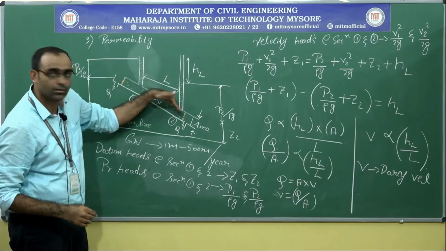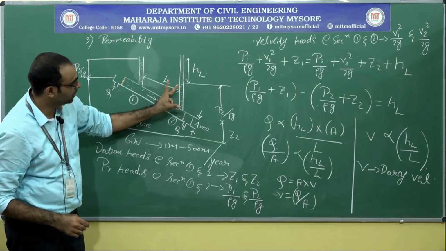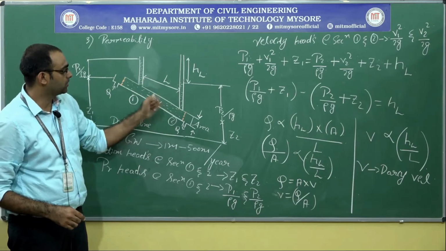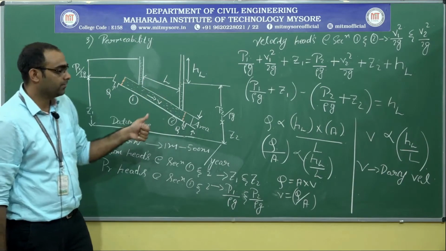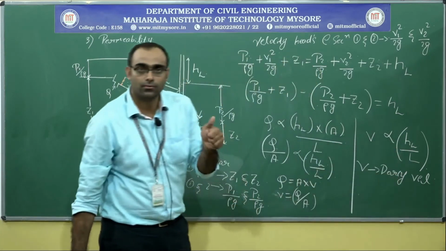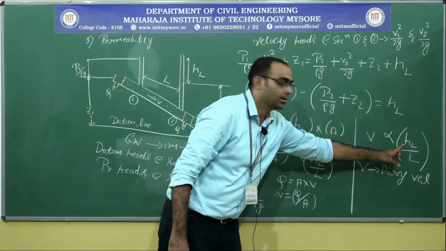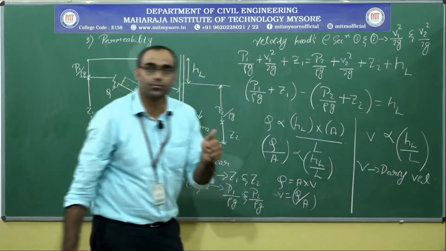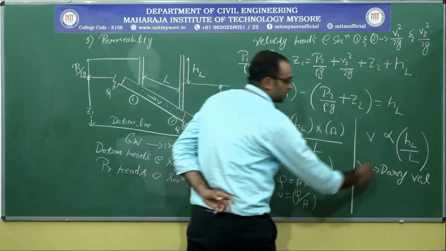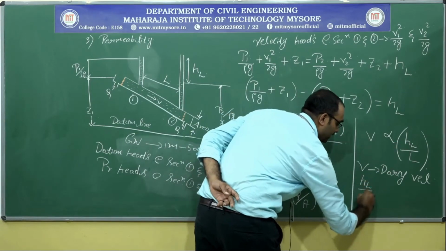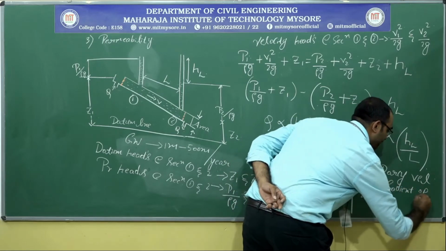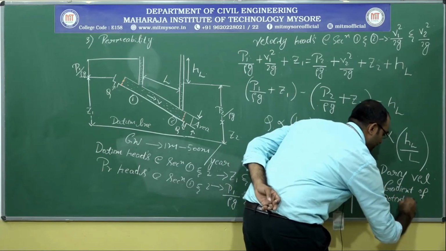As we move down, the head of water, or the vertical height of the water, has reduced, and it has reduced with respect to L. That is why we are saying that it is the rate of change of the potential head, or the gradient of the potential head. Clear? So, HL by L represents the gradient of potential head.